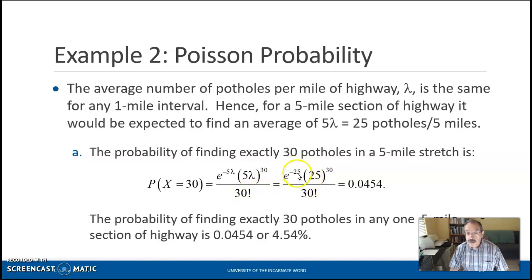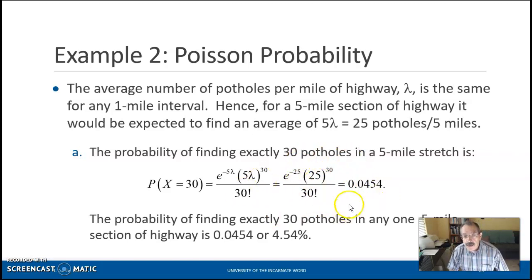In this type of calculation, you really need to use your calculator. You need to know how to calculate the exponential value to the minus 25. Also you need to calculate 30 factorial, which is a very large number, and 25 to the 30th power, another large number. Your calculator should be able to handle these calculations, if it is a scientific calculator.